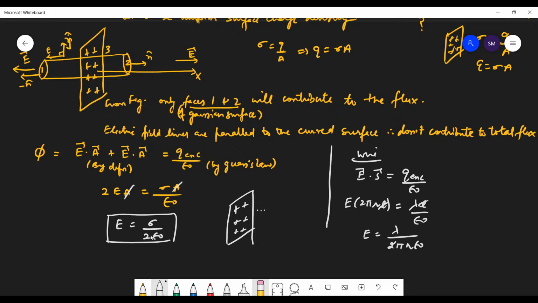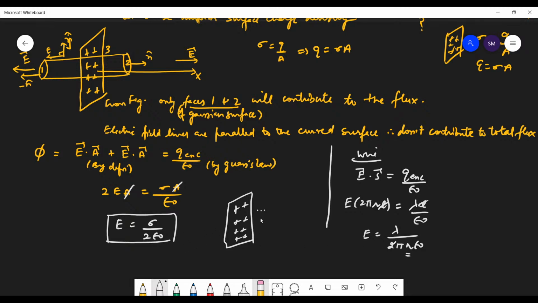It does not depend on the distance. The electric field only depends on the surface charge density, because epsilon naught is constant, and does not depend on the distance. But it is supposed to be near, so that's the formula. Here it was depending on the r of the Gaussian surface, but now it is not depending on anything.